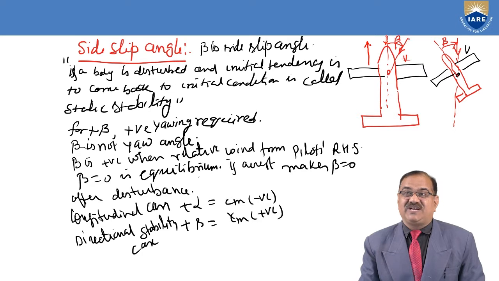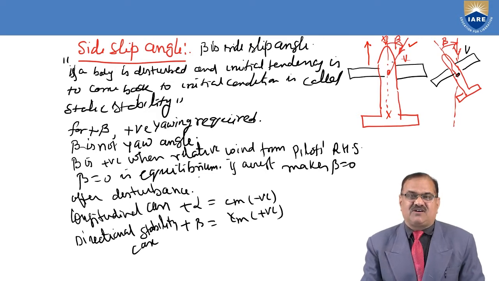But if the relative wind is from the right side, as you can see, then there is an angle with the x-axis of the aircraft. This is the x-axis of the aircraft, and these are the center of gravity. The angle from the x-axis to the relative wind of the aircraft is called beta, and beta is called the side slip angle.